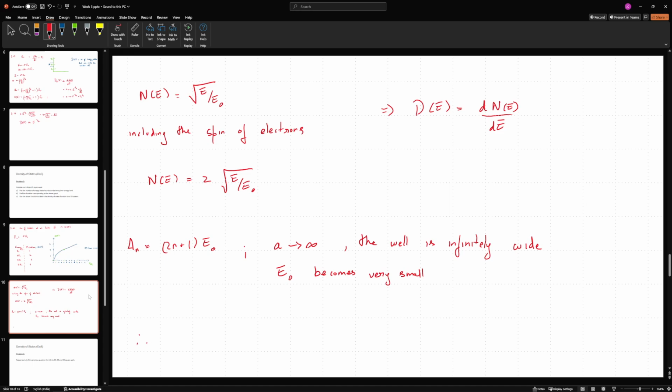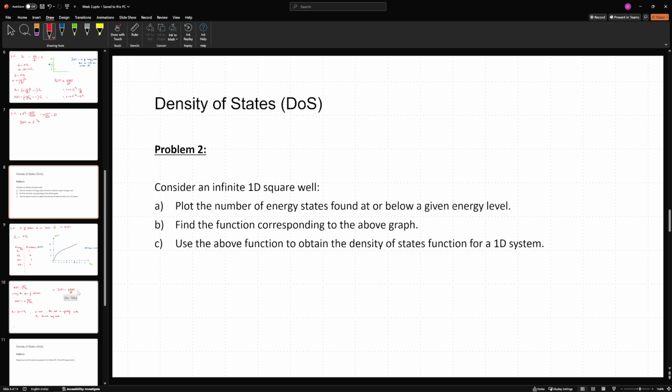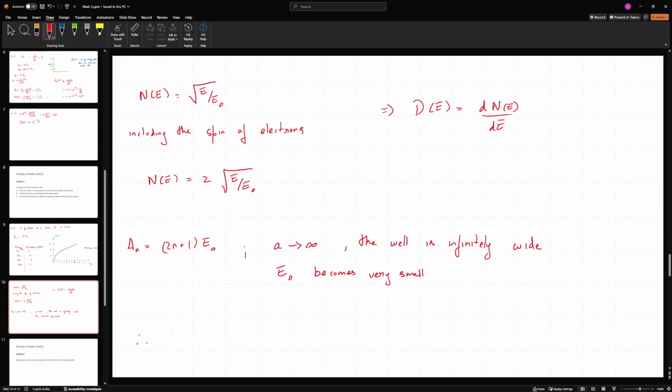Therefore, d of E is equal to 2 into, yeah, now I can write this 1 by square root of E naught into 2 by square root of E, which is the derivative. Now this 2 is because of the electronic spin. Each energy state can take 2 electrons.